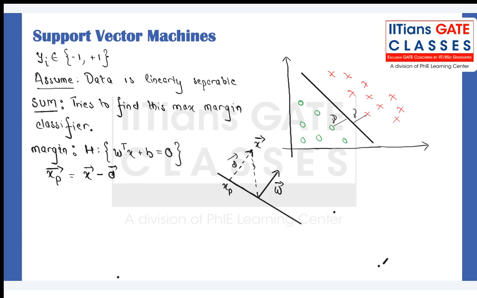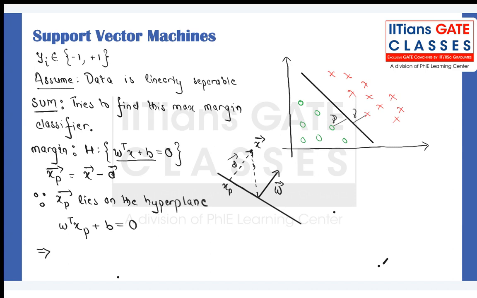Now, since we know that xp lies on the hyperplane, because xp is the projection of point x on the hyperplane, I can say that W transpose xp plus b is equal to 0. I just plug the point xp into the equation of the hyperplane. And now I can substitute the value of xp here.